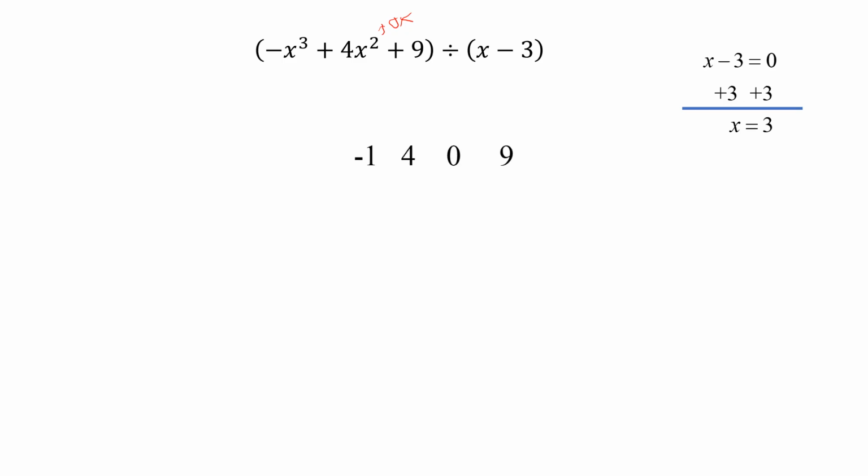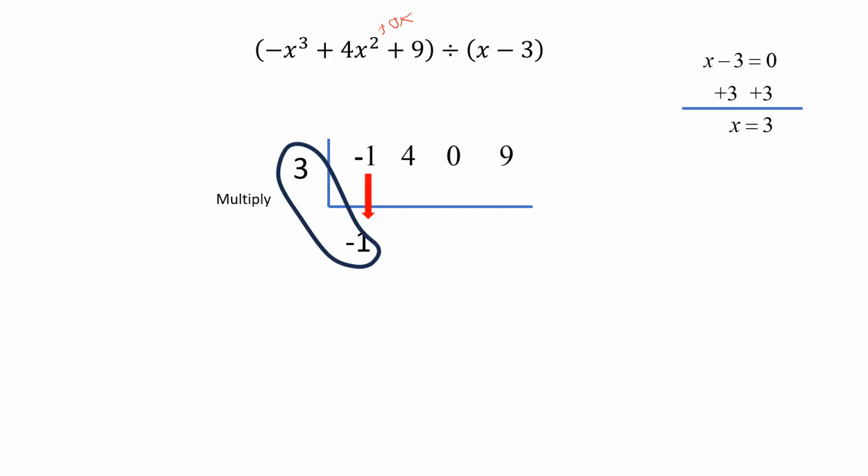So when I write down my terms, I'm going to put -1, 4, but then I have to put a 0 in for that missing x, and then 9. I'm going to do my upside down L and put 3 out front. My first step is always to just bring down the first term. I'm going to bring down the -1, and now I'm going to multiply the two outside numbers to get -3.